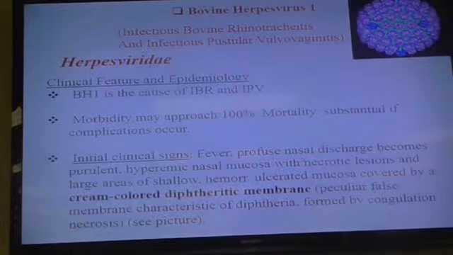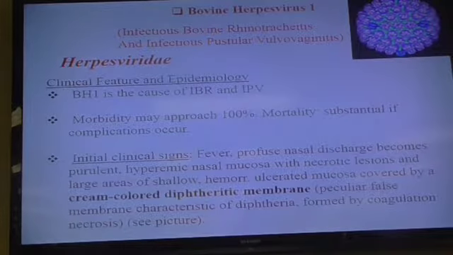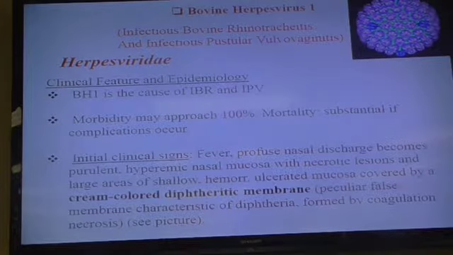So bovine has one. It's also called infectious bovine rhinotracheitis, and as the name suggests, rhinotracheitis, it involves the upper respiratory tract.